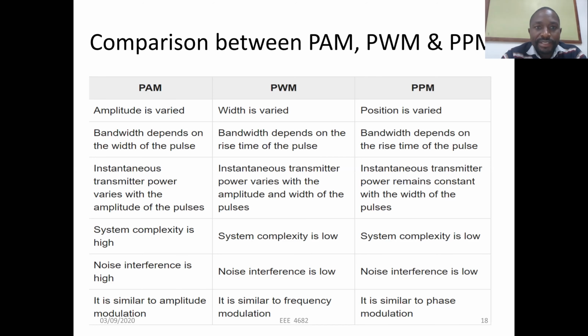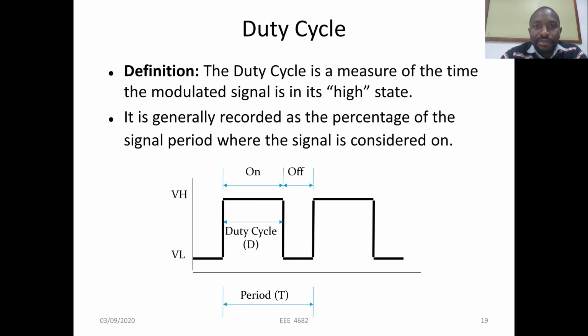You can also liken each of these three to what we studied earlier: amplitude modulation is similar to PAM, frequency modulation is similar to pulse width modulation, and pulse position modulation is similar to phase modulation.